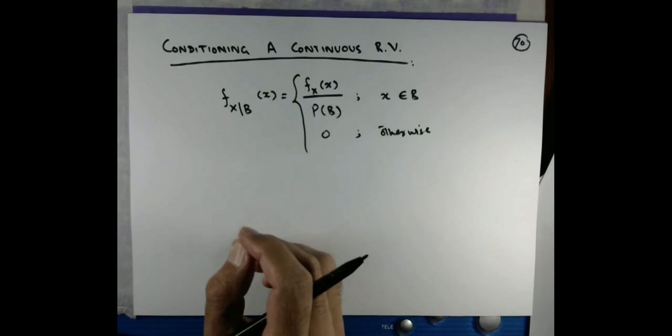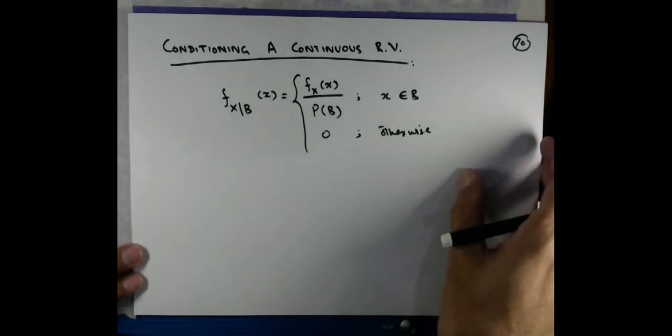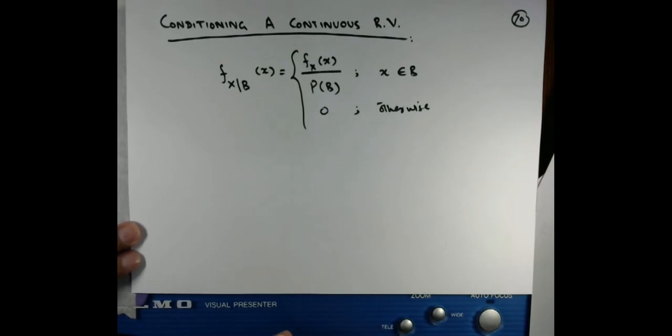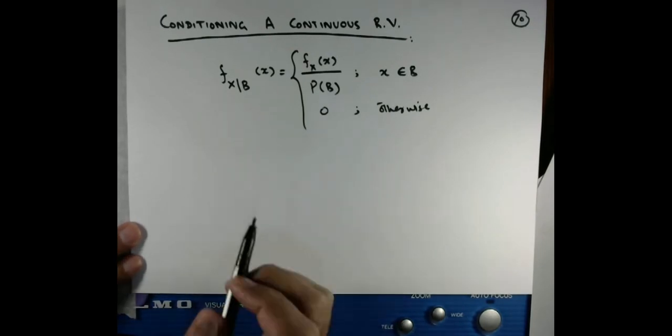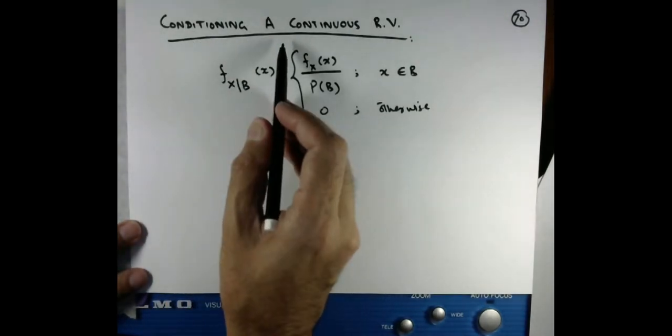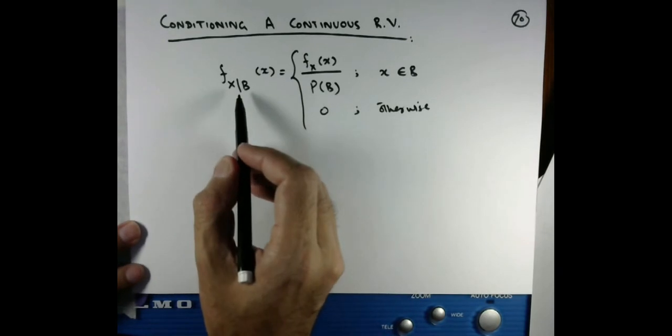This is effectively the same formula that we already discussed in chapters 2 and 3 about conditioning a PMF. Now we are simply conditioning a continuous random variable, so we'll utilize the PDF.